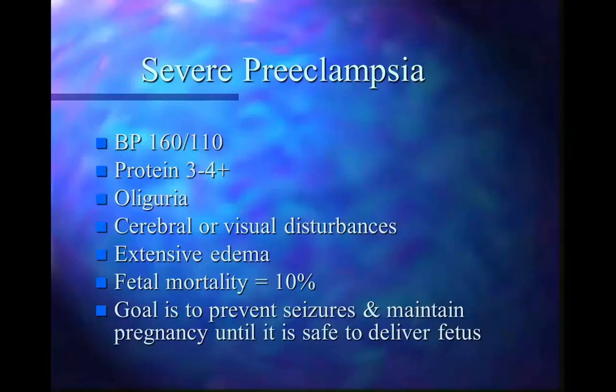So the goal is to prevent seizures and maintain the pregnancy until it is safe to deliver the fetus. Basically, each day, the physician is evaluating whether it's safer for that baby to remain inside mom versus outside, depending on the severity of her preeclampsia, and so that baby is watched carefully every day.